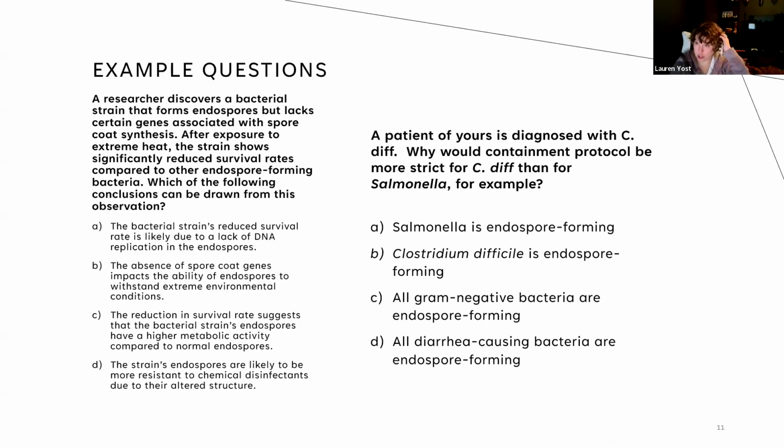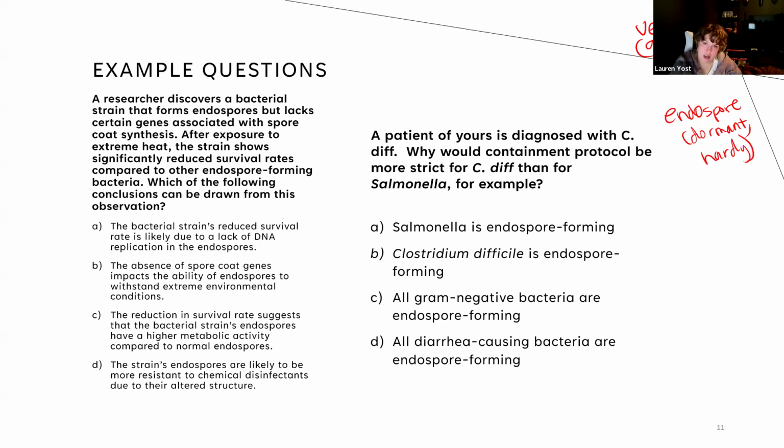Let's draw our little cheat sheet. We know that vegetative is our active form. We know the endospore, often called just spores when we're talking about bacteria. The endospore is inert or dormant, very resistant, hardy.